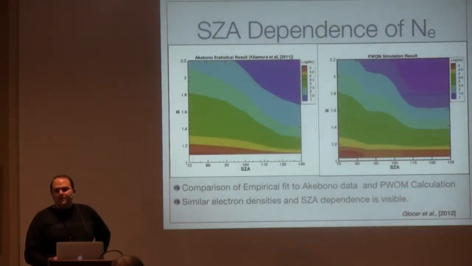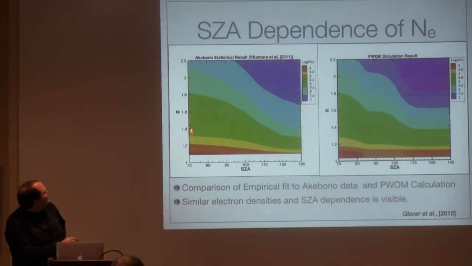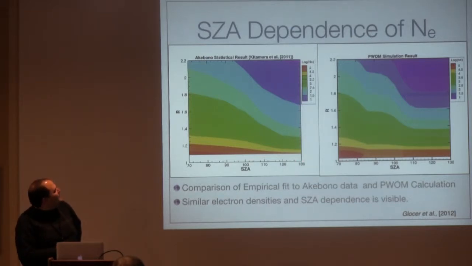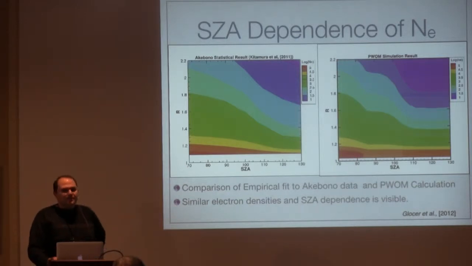So this is the first result of that. Here on the vertical axis is radius. One would be the surface of the Earth, and then here's the bottom of the model and up to the top. The x-axis is the solar zenith angle, and the color contour is the log of the electron number density.